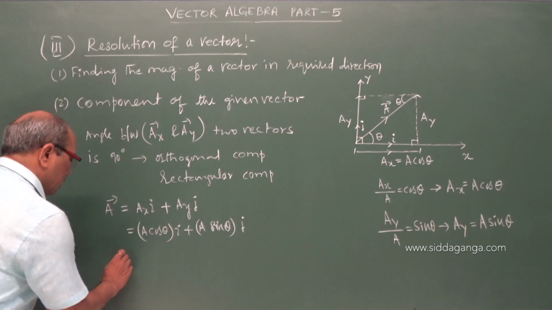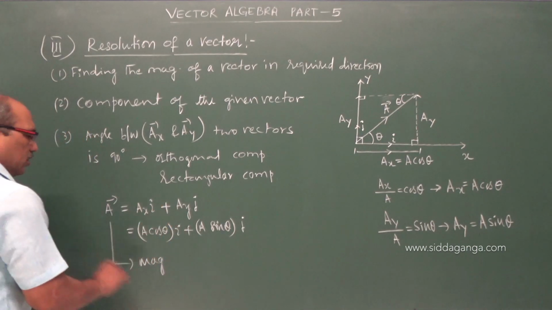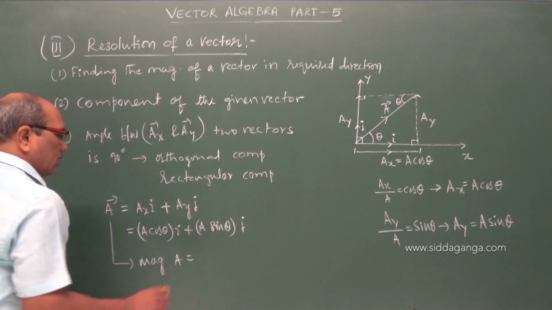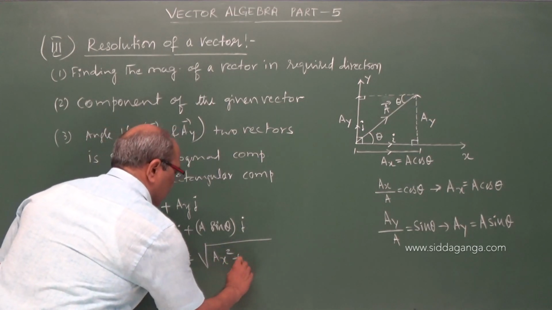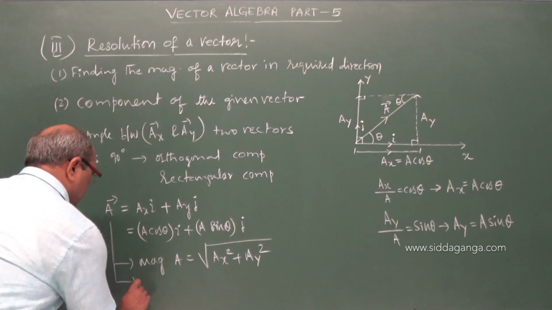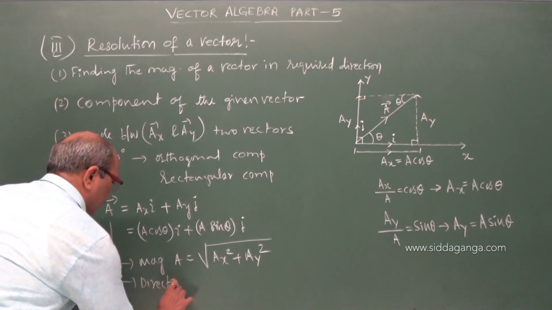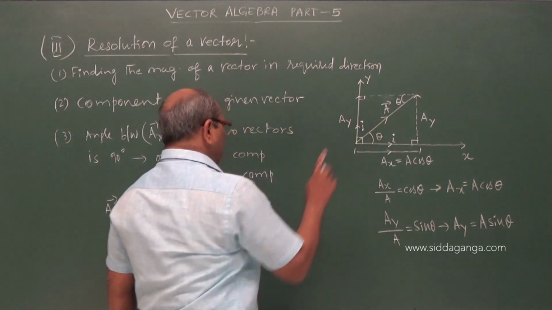It gives a vector. If we want the magnitude of A, then it is the root of AX square plus AY square. If we want the direction, that is nothing but tan theta.